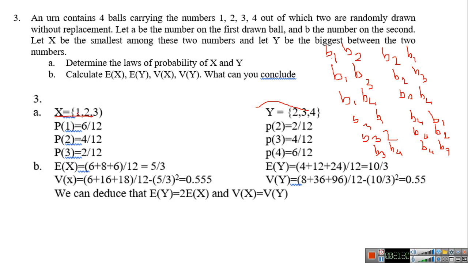So what's P of 1? How many times may you get minimum 1? This is for X equals 1. Here you pick 1, 1, 2, 3. Here what? 4. So I have 4.